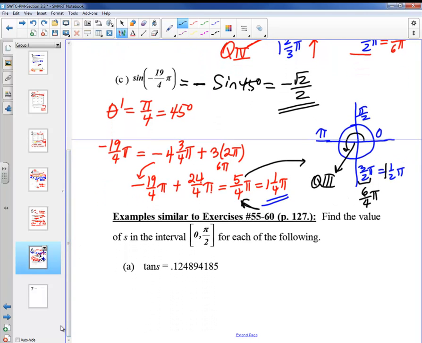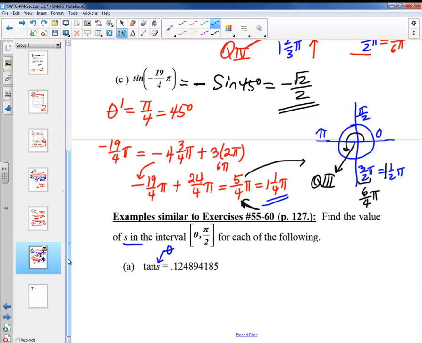Now, these exercises are very important. They're going to be calculator exercises when you have a decimal like this. And I will give you some more examples that are not decimals yet. But remember, the unknown here is that S. That S is no different from the angle theta.